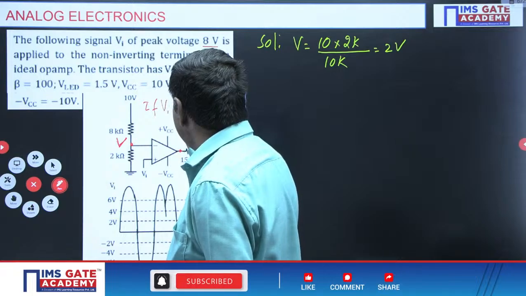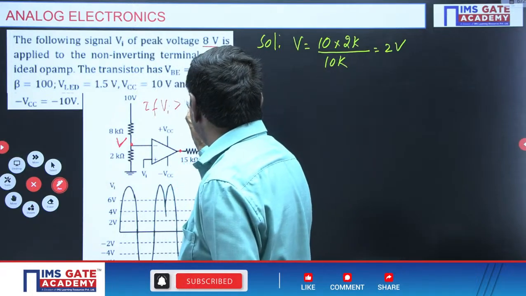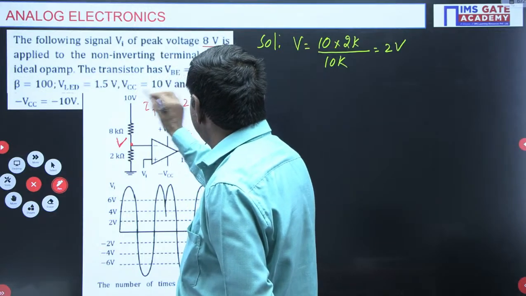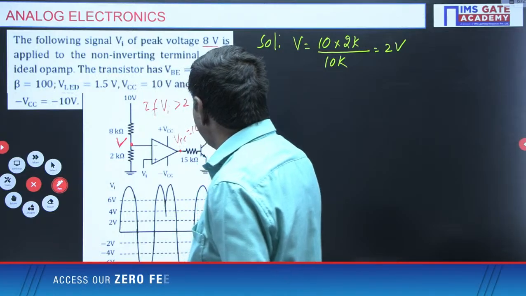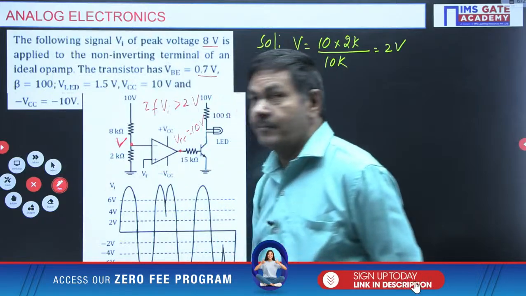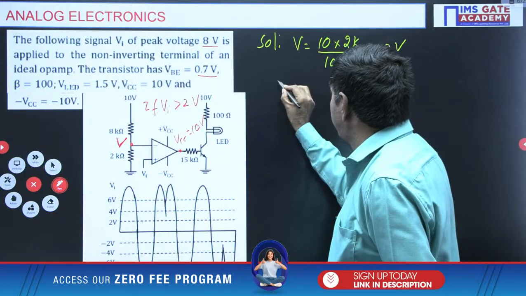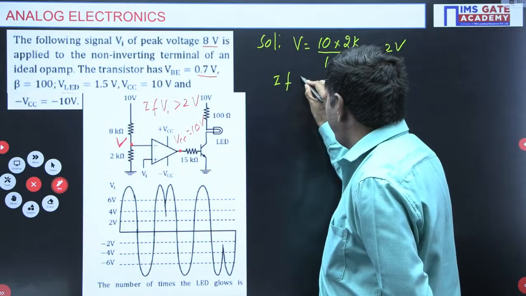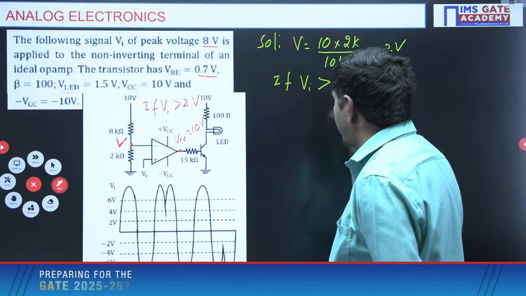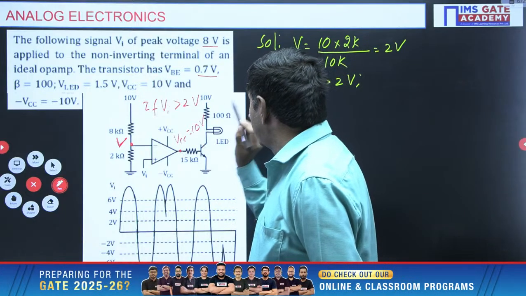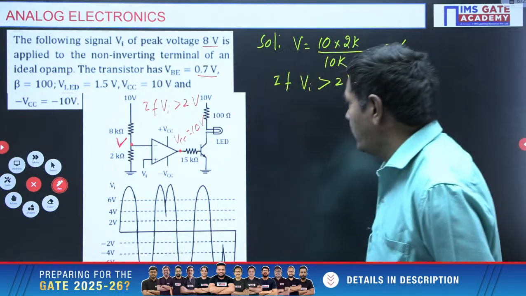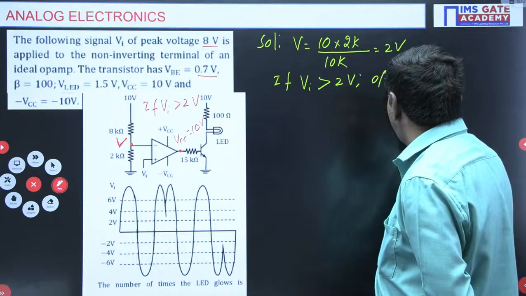If Vi is greater than 2 V, this voltage is plus VCC, which means 10 V. This voltage, the output of the op-amp, is 10 V only.